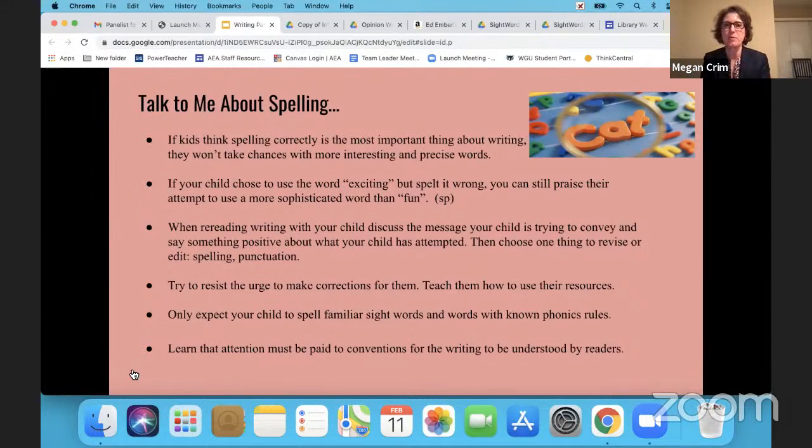And just to give an example, last year I had a student who loved her cat and wrote about her cat for half a year. And it turns out she really wrote about her cat because she can only spell cat. And she refused to be a risk taker, and I wouldn't give in.